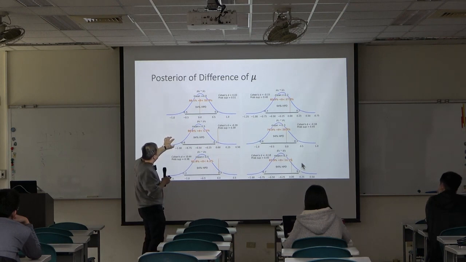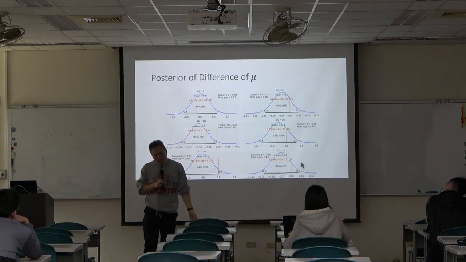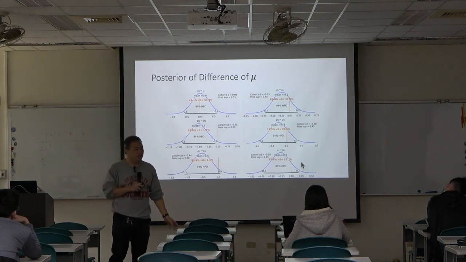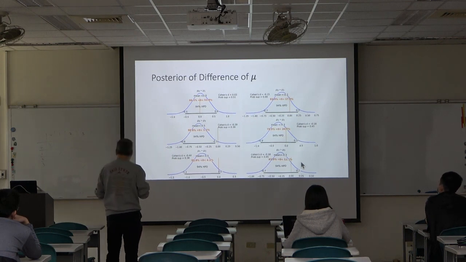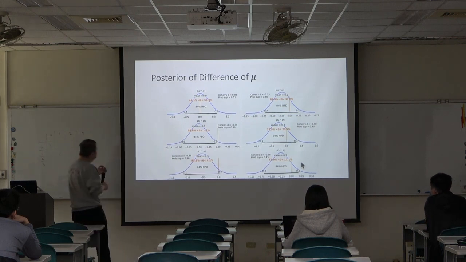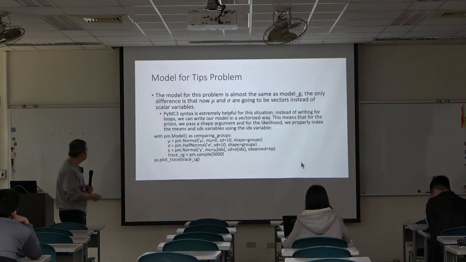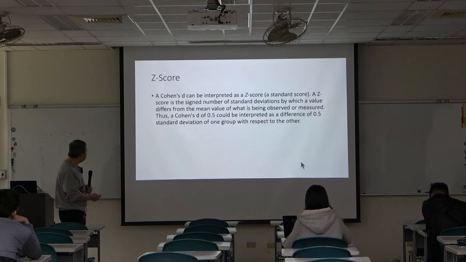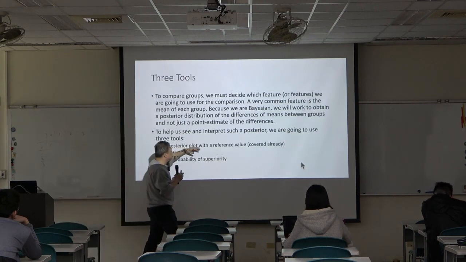What is this one? This was mu0 minus mu3. So Thursday and Sunday, these 2 groups are the most different ones. You can probably say that. This is based on this posterior plot with a reference value.